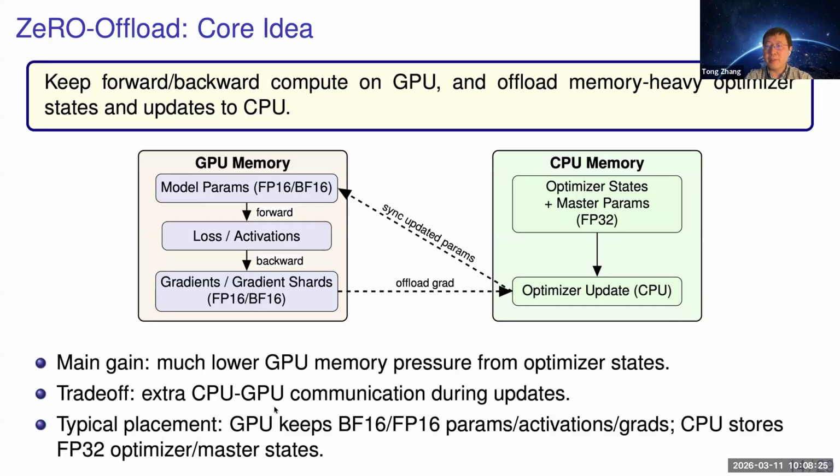Typically, the GPU keeps this and the CPU stores that, like in this picture. But you can train some larger models that you cannot train if you're not using this technique. So this is essentially a useful technique if you can tolerate this sync.